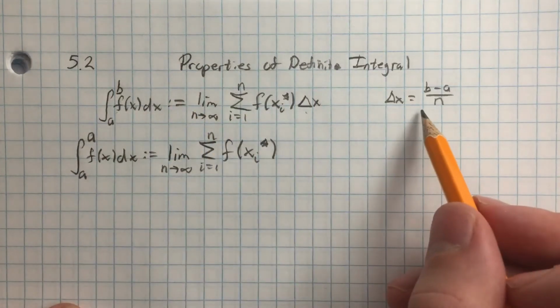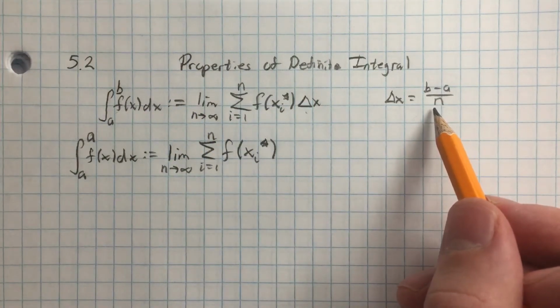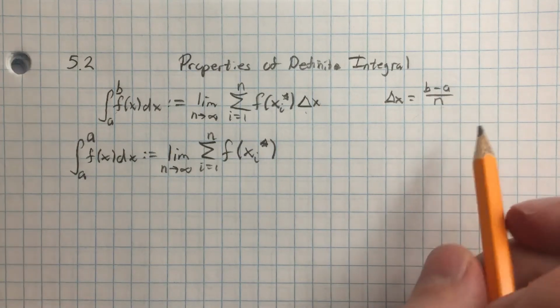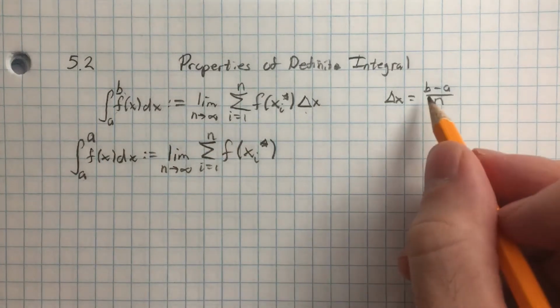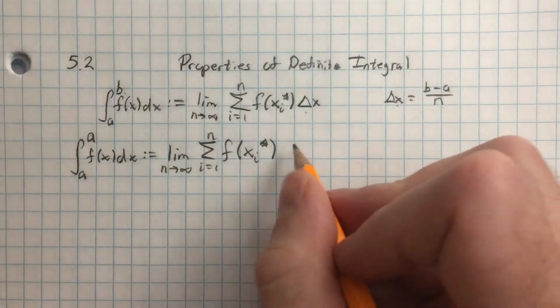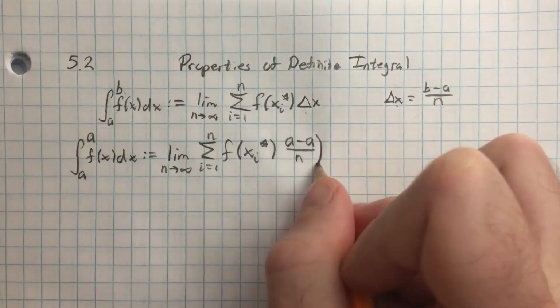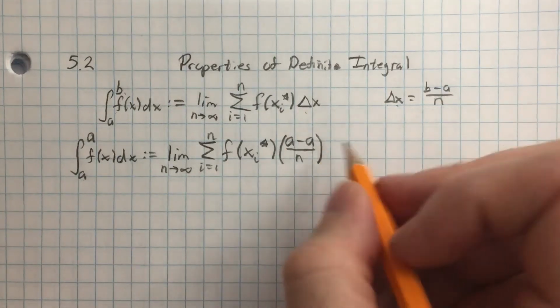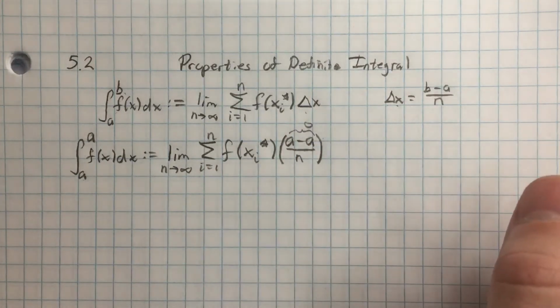They're the interval over which you're finding the area between the curve and the x-axis. But if a is b, if these two values are the same, then delta x becomes a minus a on n. But a minus a on n is, of course, 0.